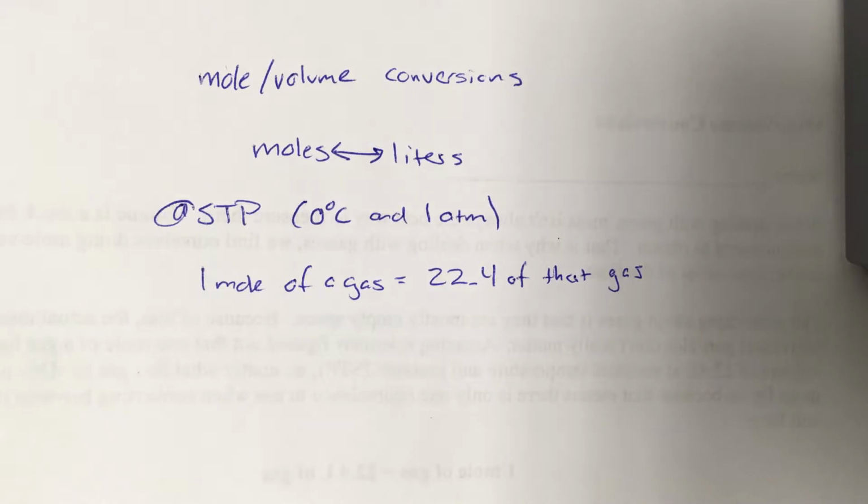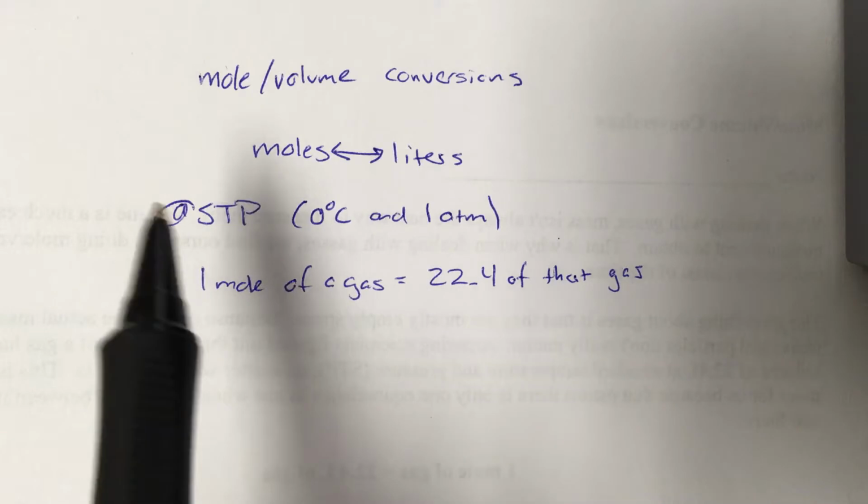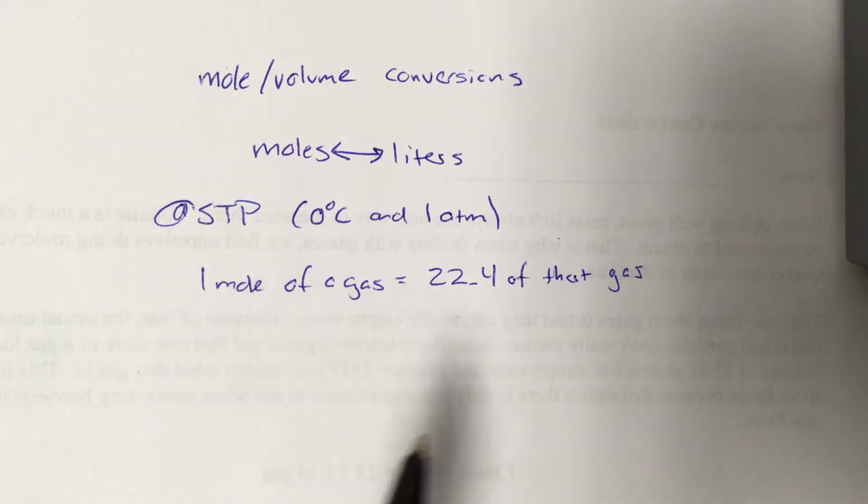And again, it's completely independent of what the gas is. It doesn't matter if we're talking about carbon dioxide gas, water vapor, chlorine gas, nitrogen gas, hydrogen gas. It's always the same. At standard temperature and pressure, 1 mole of gas equals 22.4 liters of that gas.